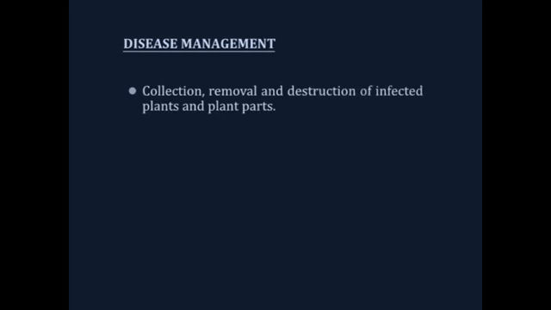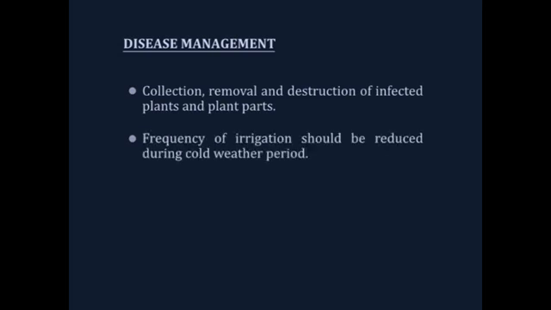Next is the management. Collection, removal and destruction of infected plants and plant parts. Frequency of irrigation should be reduced during the cold weather period. Clean cultivation and alternate cropping.